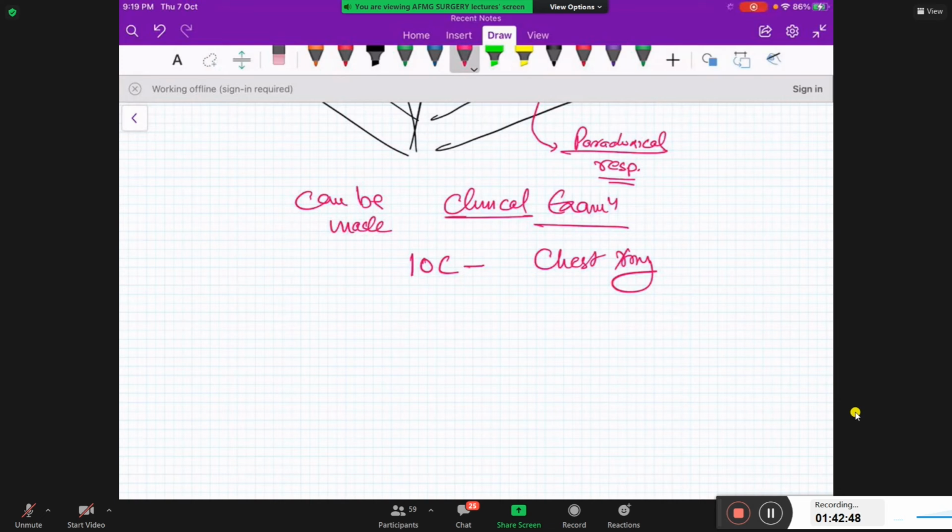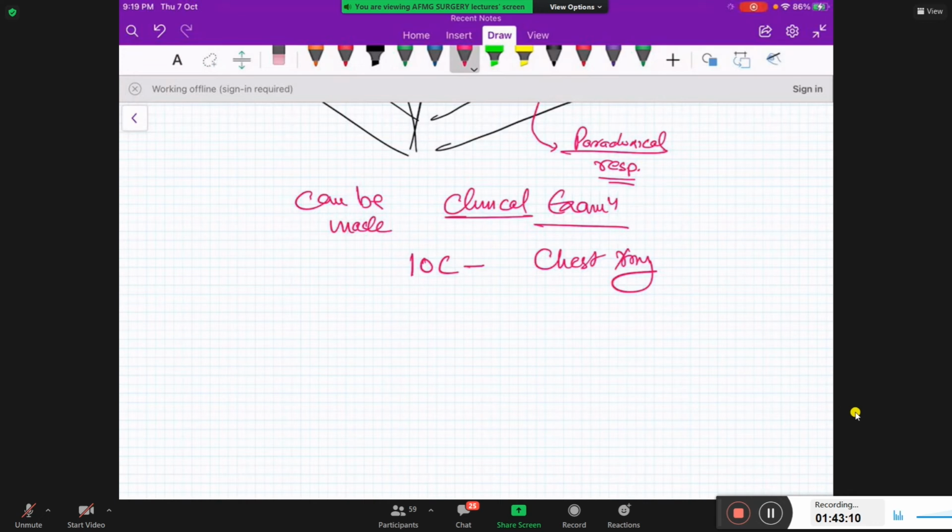So the lung is expanding, elevating, but the thoracic wall is going down. It will hit this lung every time, so it will injure the lung and lead to contusion. So in every flail chest, there is a pulmonary contusion under it.